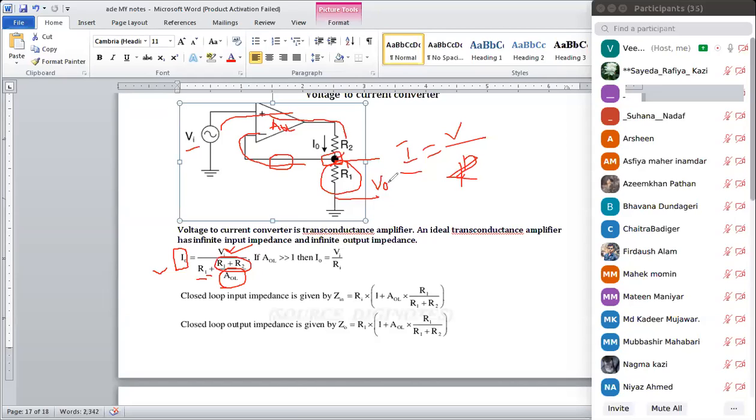Because of this point, it is a voltage divider, but we are taking it for gain. So R1 plus R2 divided by AOL. AOL is a gain. If AOL is much greater than 1, definitely I naught will be equivalent to V by R.